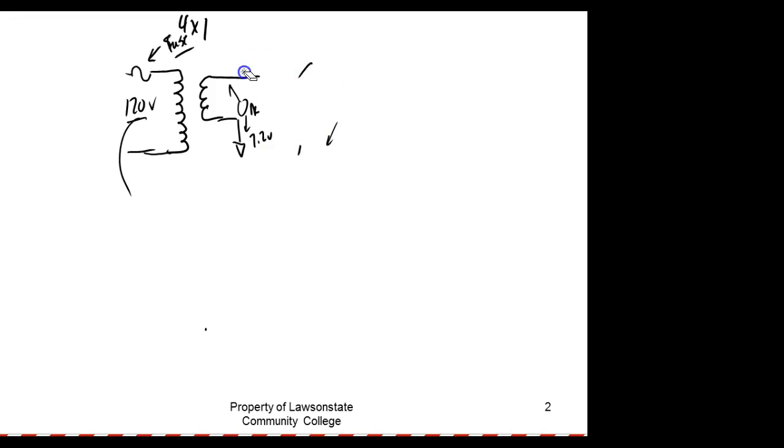So what is a full wave center tap? First of all, we're going to go over to a center tap transformer. So this is what we call a tap transformer.